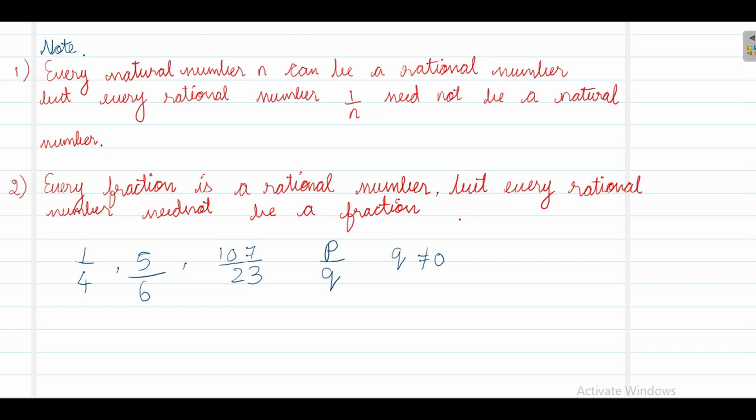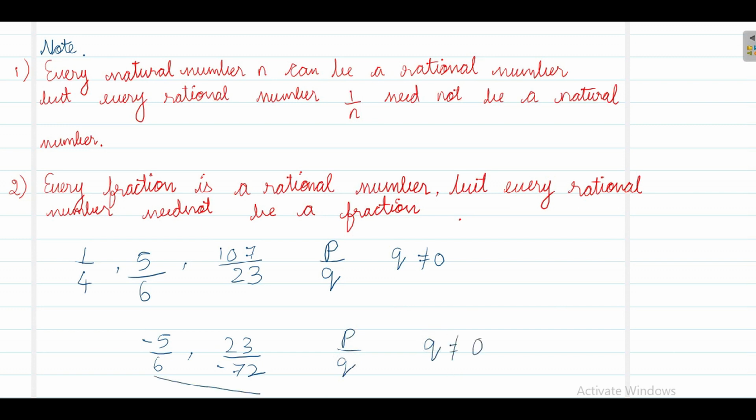Whereas if we take a few examples of rational numbers like minus 5 by 6 or 23 by minus 72, these are rational numbers because they are of the form p by q, where p and q are integers. Integers means it could be positive numbers as well as negative numbers, and q is also not equal to 0.